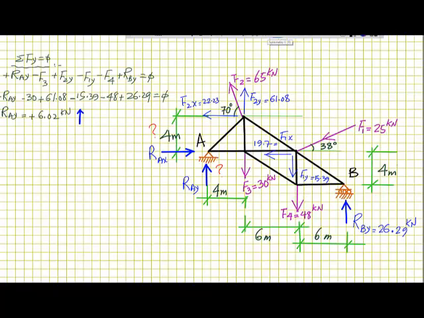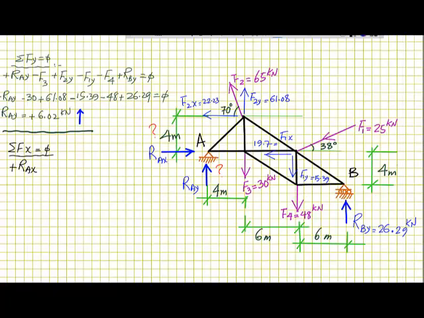Now that we calculated the value of RAY, we'll move on to calculate the value of RAX by taking the third equation of equilibrium. We'll use the sum of all forces in the x direction equal to 0. And in this one we have RAX going east, which is positive, RAX.